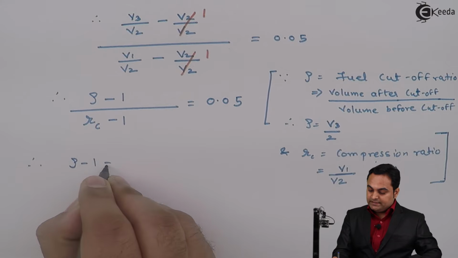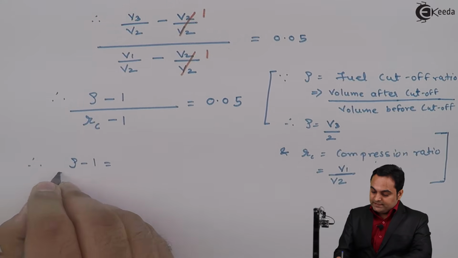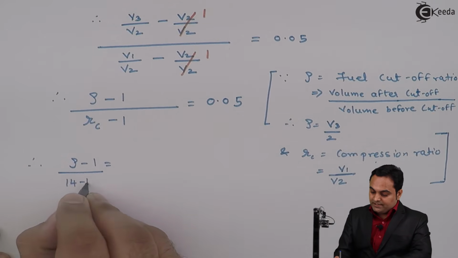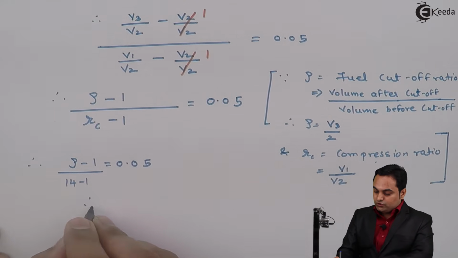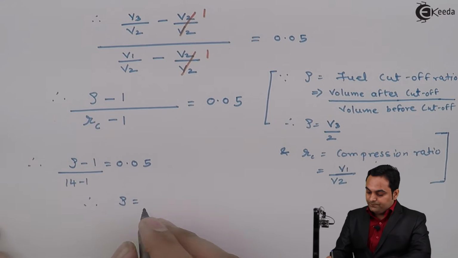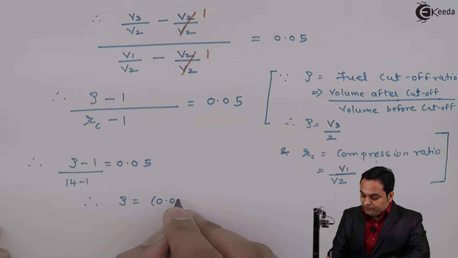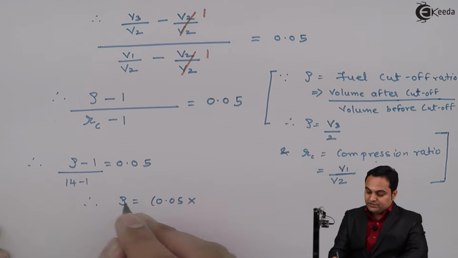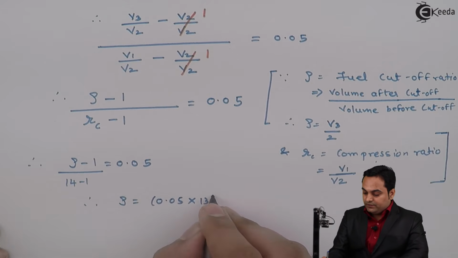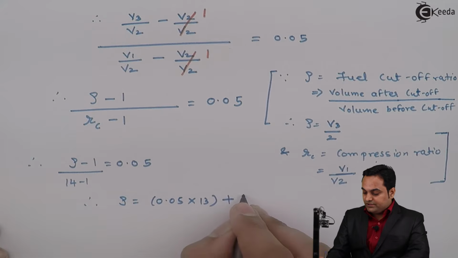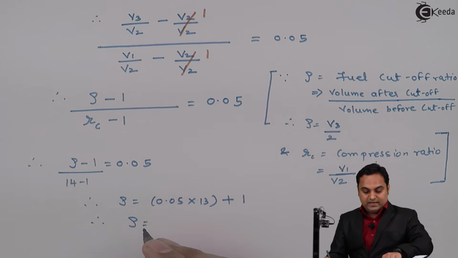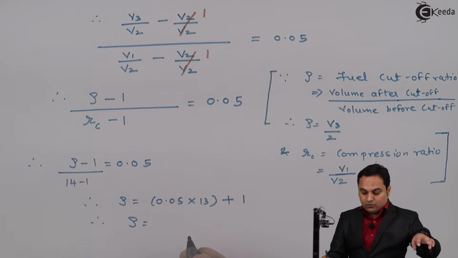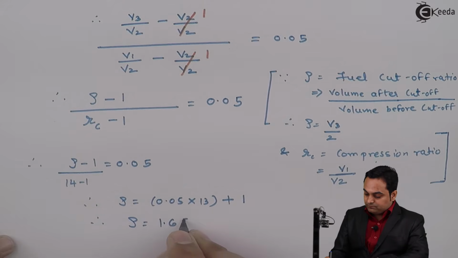Rho minus 1 upon 14 minus 1 is equal to 0.05. So therefore rho will be 0.05 times 14 minus 1, that is 13, it gets multiplied here. Minus 1 when it comes onto the other side becomes plus 1. So I am getting the answer of rho as 1.65.